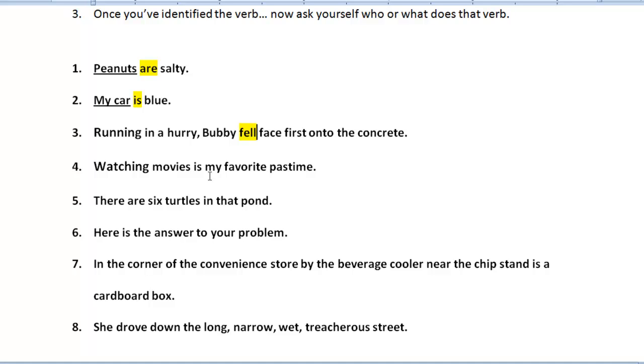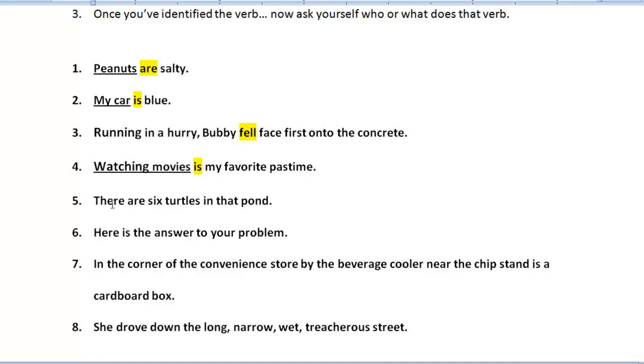Watching movies was my favorite pastime yesterday or last year. The word that changed is this word. That's the verb. Watching movies, do you know what that is in this sentence? It's actually the subject. What's the thing that's my favorite pastime? Watching movies. This group of words here, this phrase, is functioning as the subject of the sentence.